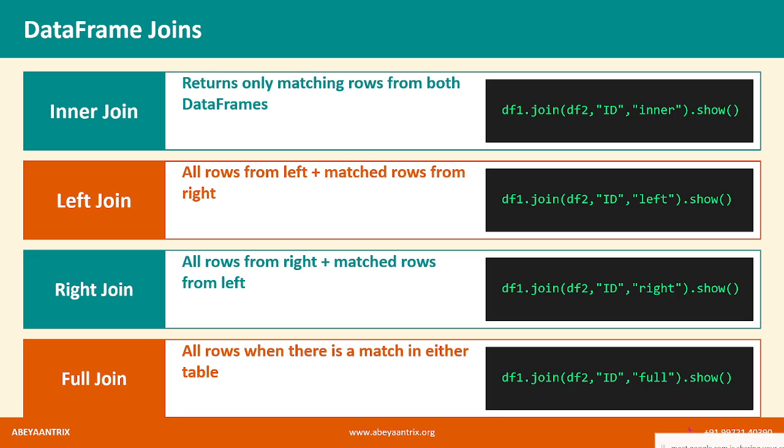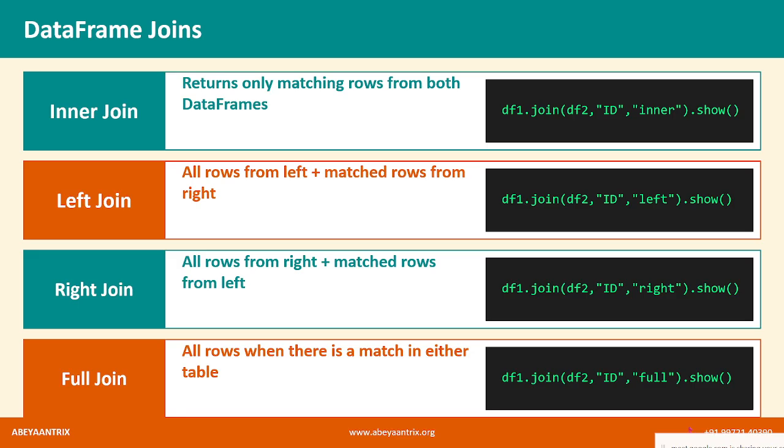Then .show. So after this, what will you get? The two data frames joined using inner join, and you will get the final result after joining. You are joining based on the ID. In all the examples we are joining two data frames based on the ID itself. Only the type of joins we are going to change.